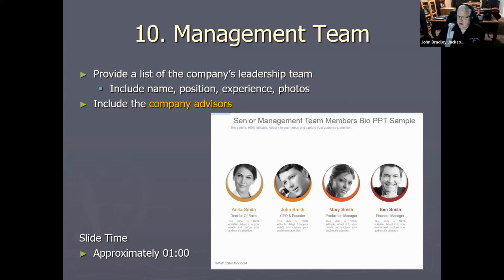And this is a great time to actually have this slide include your advisors. I have seen startups get funded because they had a really sophisticated advisory board who bring the credibility that maybe the inexperienced founders don't have. Super important.